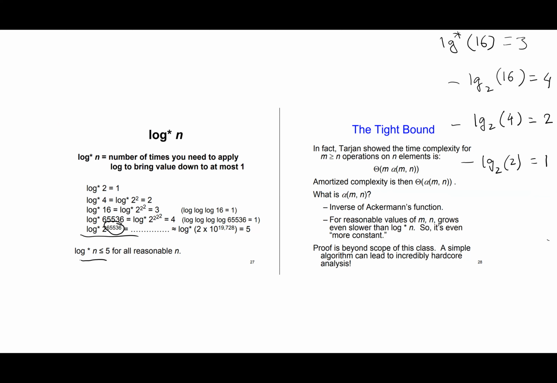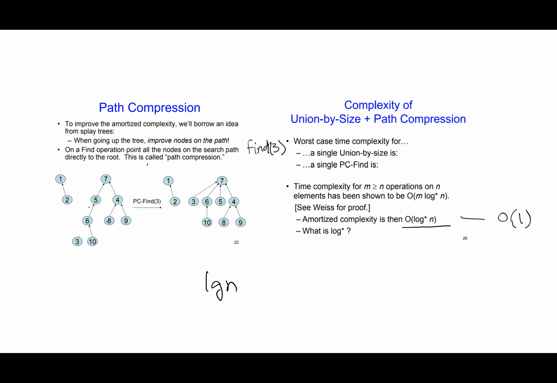And here is the thing. If you improve on find, that actually helps you improve on union as well. How? Suppose someone wants to do a union of 2 and 3.